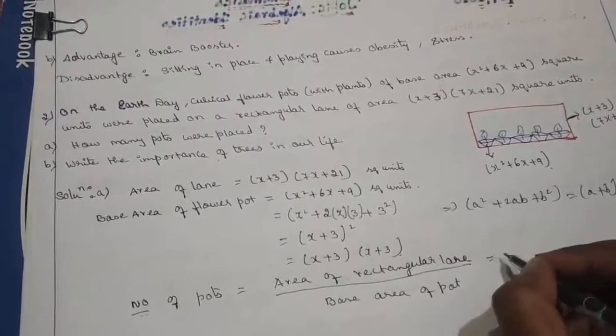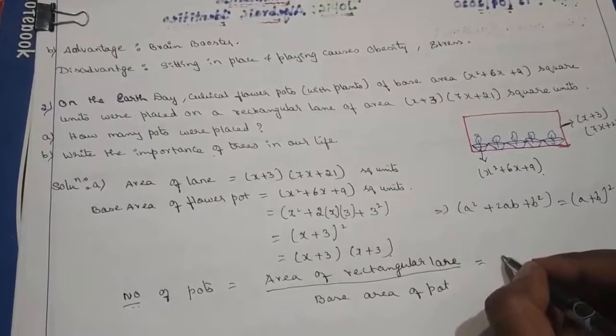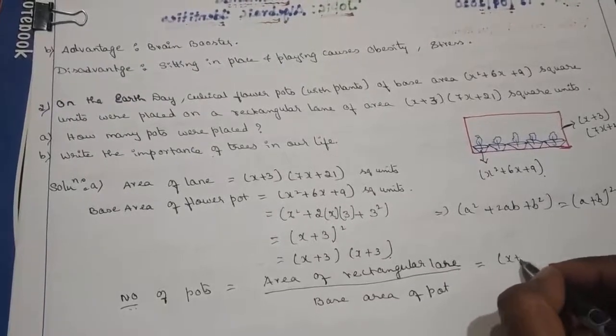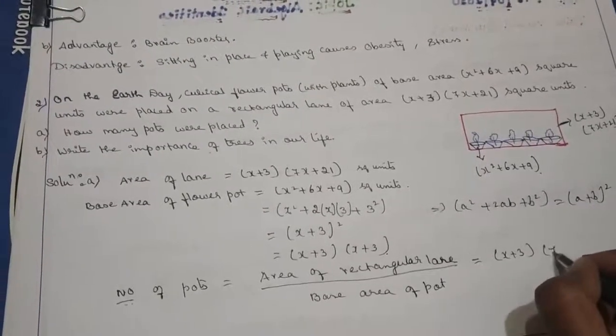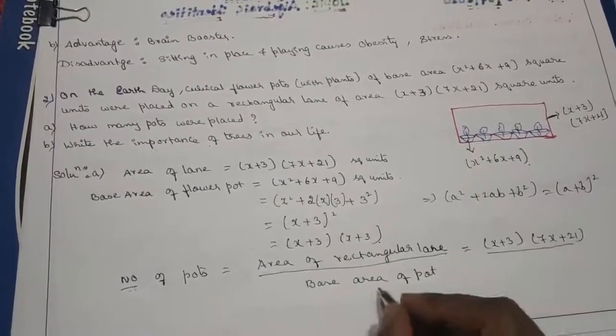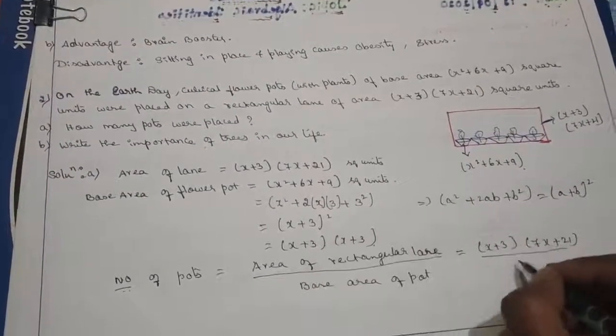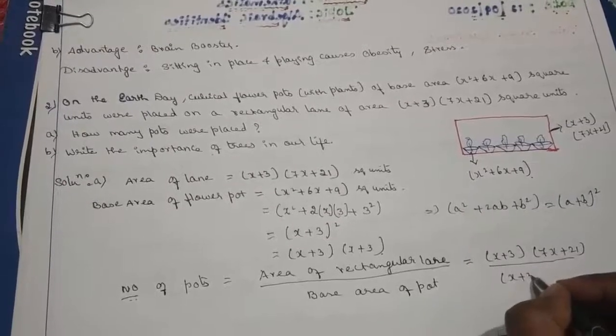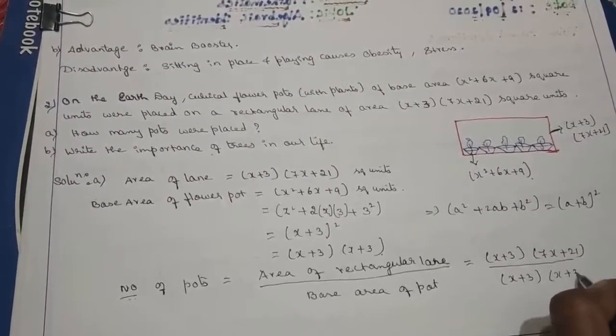Then which equal to area of rectangular lane, which is nothing but x plus 3 into 7x plus 21, whole divided by base area of pot in the form of factors, that is x plus 3 into x plus 3.